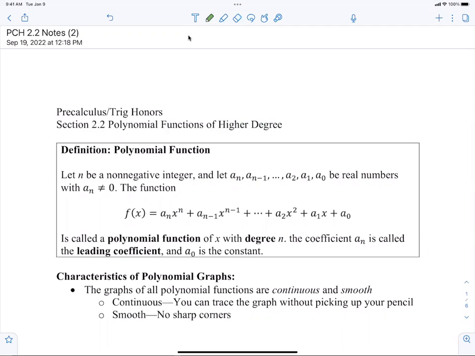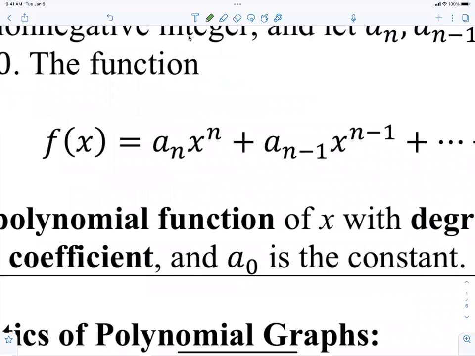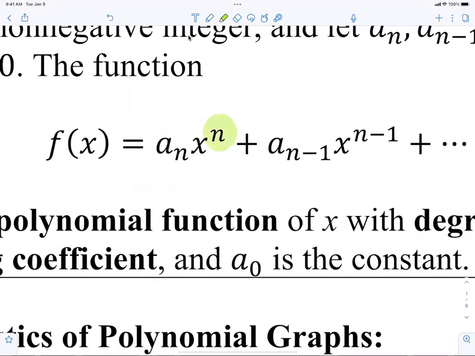All right, you guys. So this is the same definition of a polynomial function that we looked at the other day. Just a reminder, n would be the degree of the polynomial. All polynomials can be written in this form.